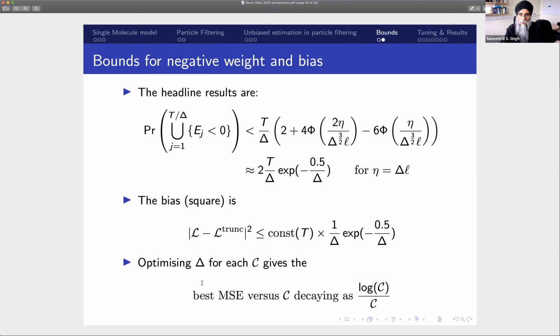And the bias is of the order of the probability of seeing a negative weight times a constant, which is a function of t, but not large because t is 2 or 3. So, you can simulate this until a very, very, very long time before you see a negative weight. So yes, it's biased, but it's so well controlled that for all intents and purposes it's good enough.